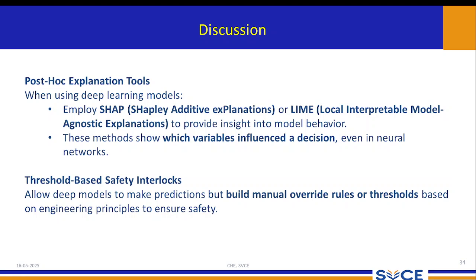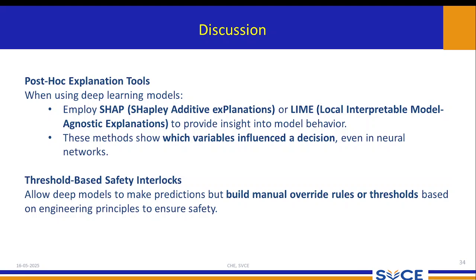LIME weights the perturbed data points based on how close they are to the original data point. Train an interpretable model. Finally, it trains a simpler interpretable model, for example, a linear model or decision tree, on the weighted perturbed data to approximate the black box model's behavior locally.